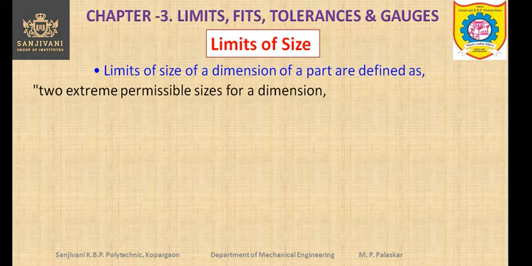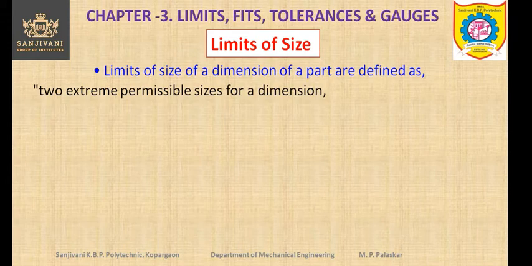So we can provide two extreme permissible sizes for a dimension, that is the higher limit and the lower limit, and the actual size should lie between these two limits.